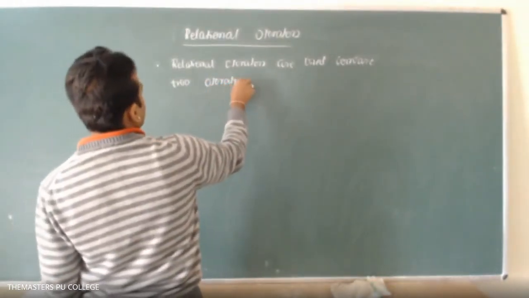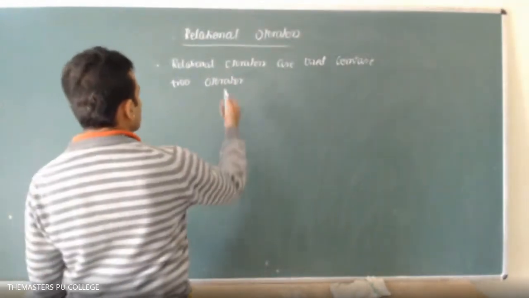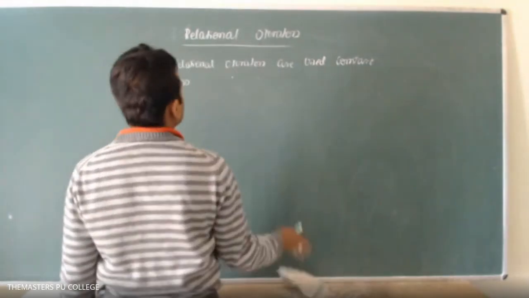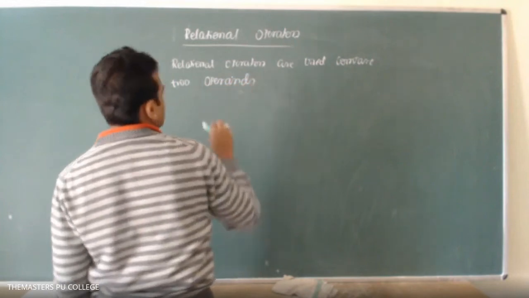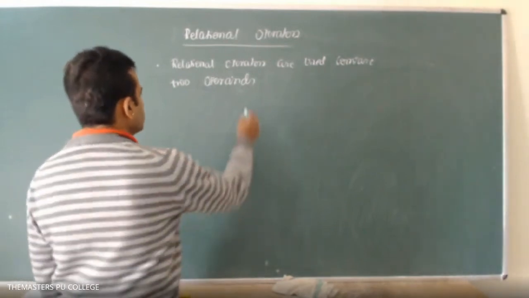So we are calling it a binary operator, right? Two operands. We'll say not a variable, not a constant, so simply we'll say operands. Used to compare two operands.